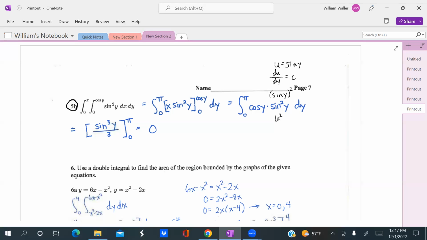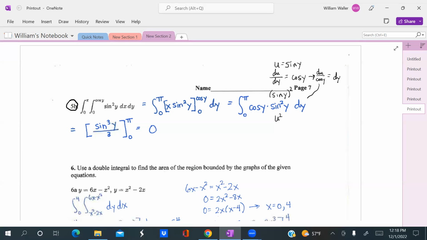That turns out to be cosine of y. An easy derivative to compute, and then solve this for dy so that we can substitute for dy. I think we get that dy is equal to du over cosine of y.